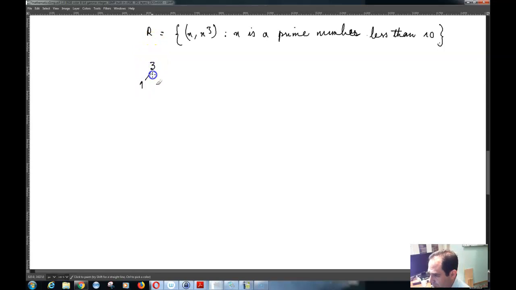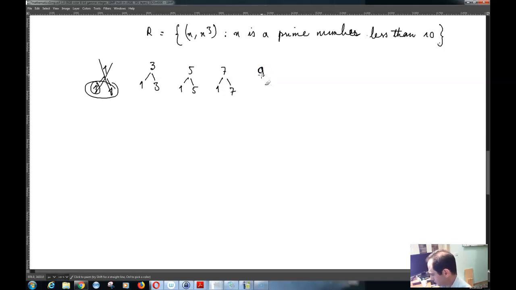You can write it as 1 times 3. 5 is a prime number, 1 times 5. 7 is a prime number, 1 times 7. But 1 is not a prime number, because you can write 1 as 1 times 1 and both would be 1. So it has to be 1 and the number itself and some other number, and so 1 is not a prime number.